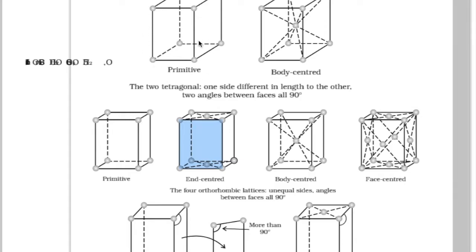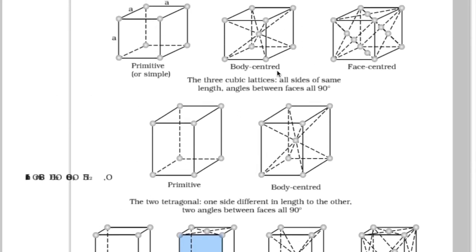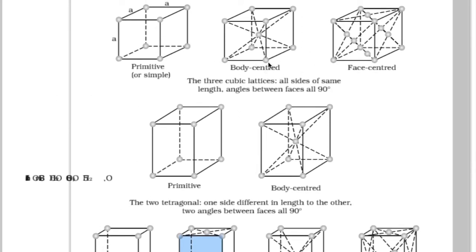In primitive unit cell, the constituent particles are present at the corners. In body centered unit cell, constituent particles are present at the corners and at the center of the unit cell. In face centered unit cell, particles are present at the corners as well as at the center of each face of the unit cell.